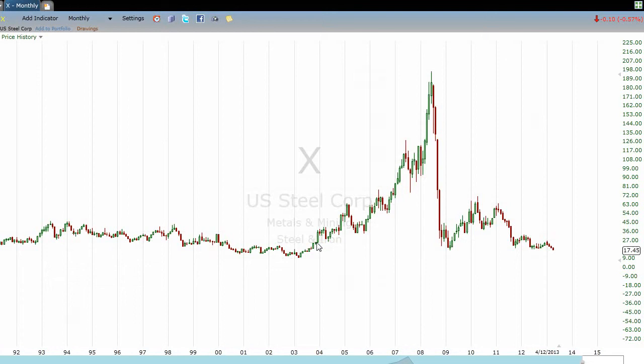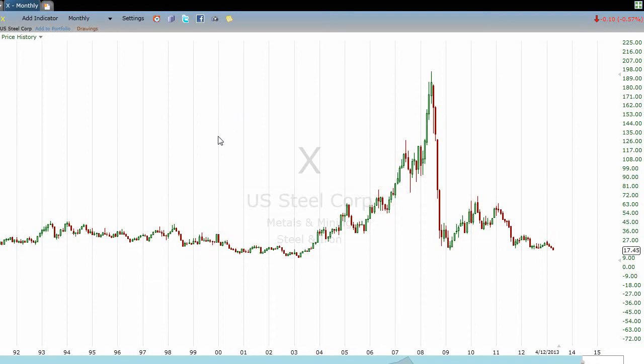Obviously, going from 9 to 18, that's a double. Going from 180 to 189, that's about a few percent. It's a nice move, but what about 5%?